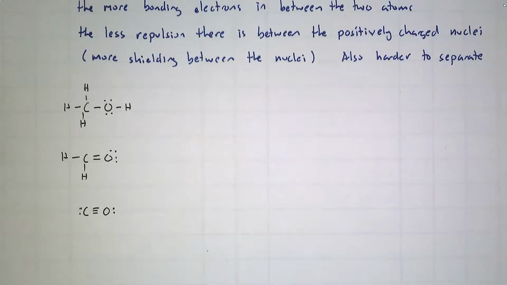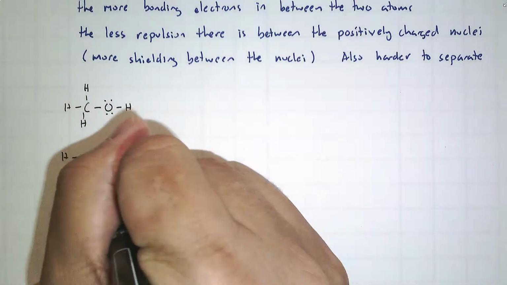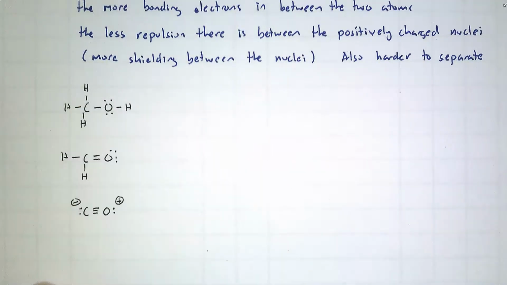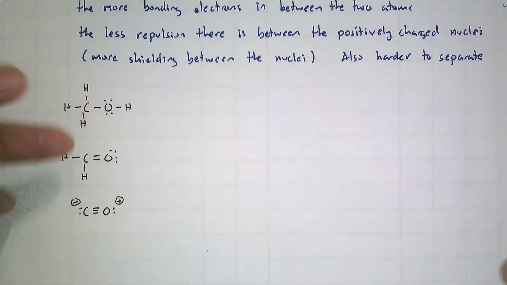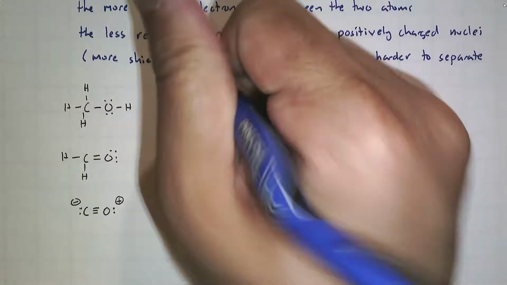Let's not worry about formal charge, but carbon monoxide has a positive charge on oxygen and a negative charge on carbon. Don't worry about that. We're focused on the single, double, and the triple bond between carbon and oxygen. The bond length, again, will be in picometers.